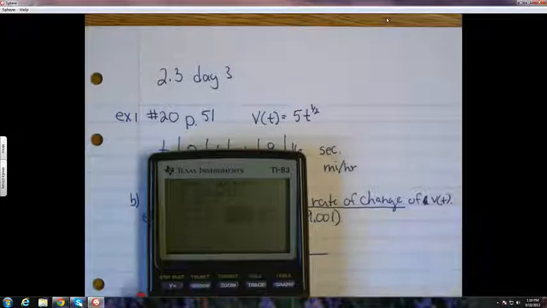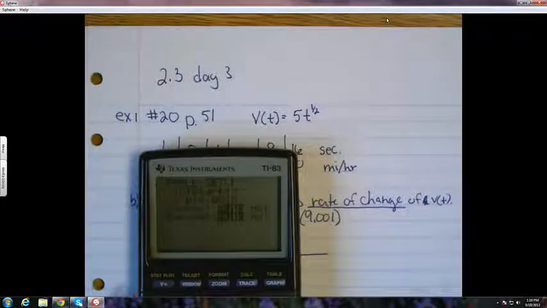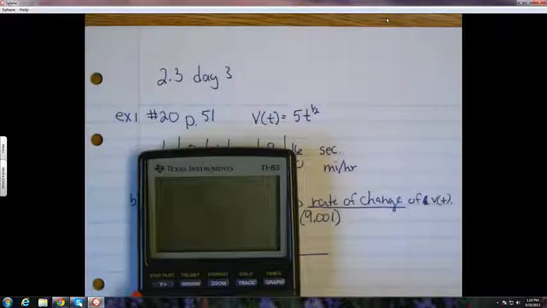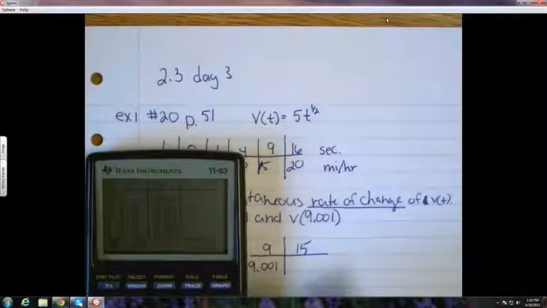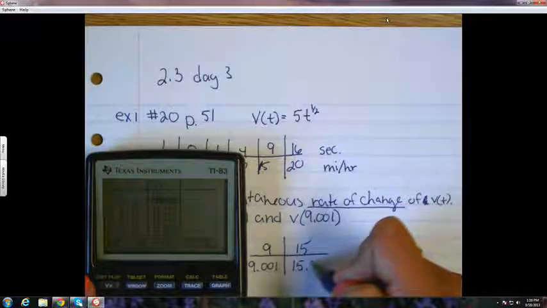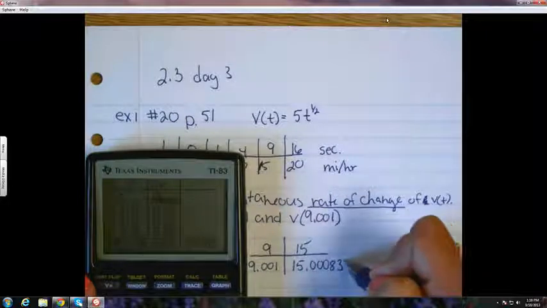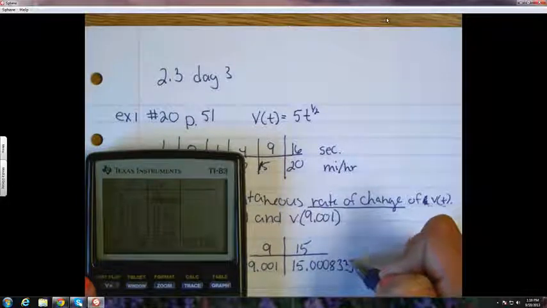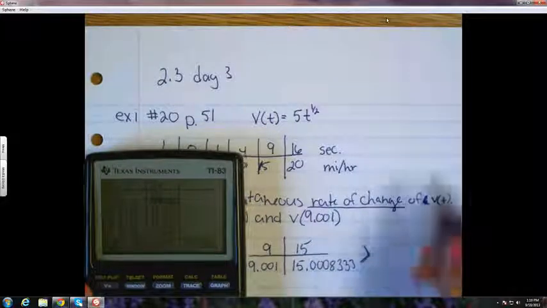I want 9 and go by 0.001. So 9 gives 15. And 9.001, at the bottom of the screen, you've got a lot of zeros there, so we'll carry some of those out: 15.008333.